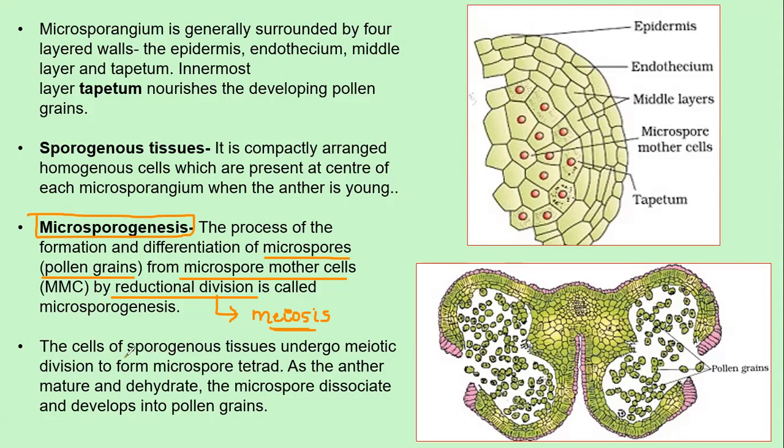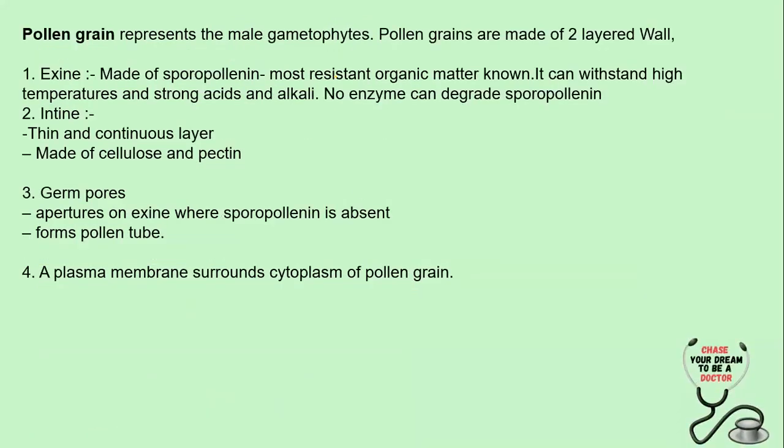The cells of sporogenous tissue undergo meiotic division to form a microspore tetrad. As the anther matures and dehydrates, the microspores dissociate and release the pollen grain. Is this clear? I'll give you a clear idea about that.